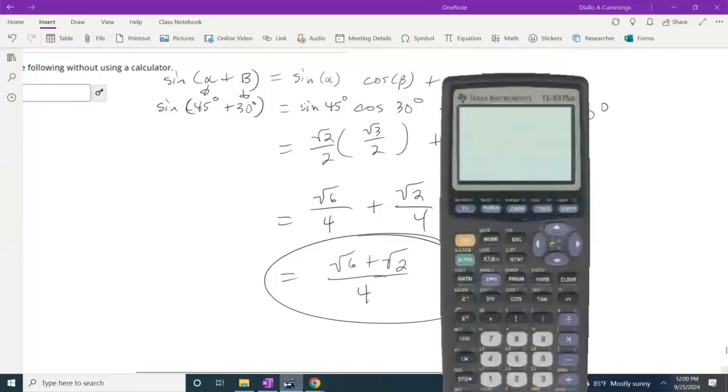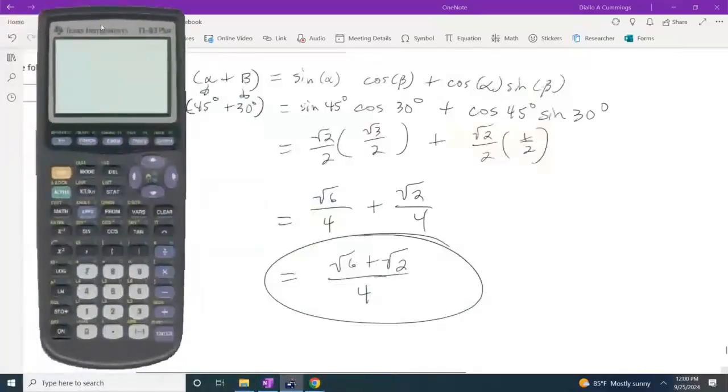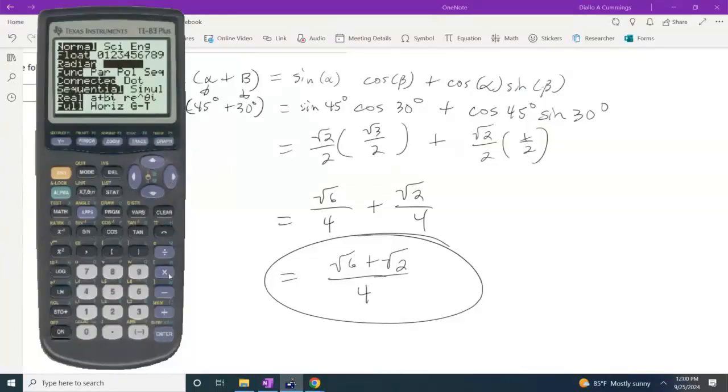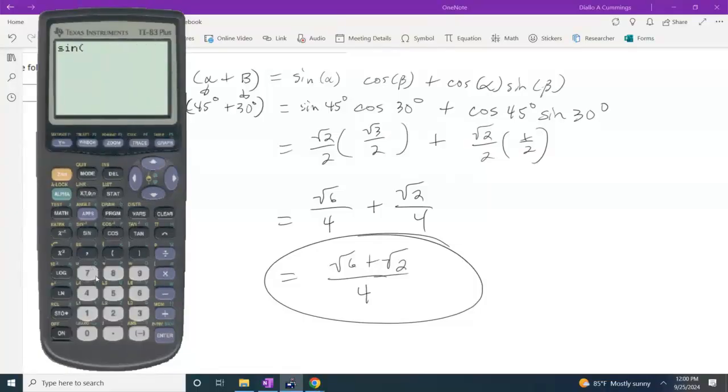So now just to check this out, I'm going to put my calculator in degree mode. I can evaluate the sine of 75 degrees. And this is the reason why they want the exact answer, is because it has square roots in it.